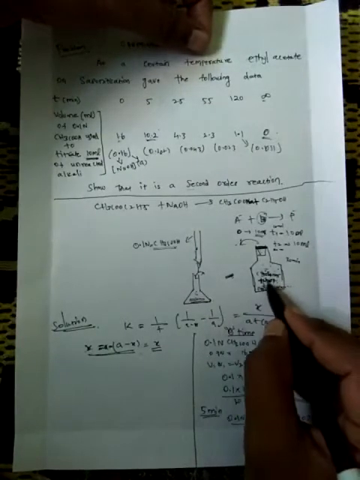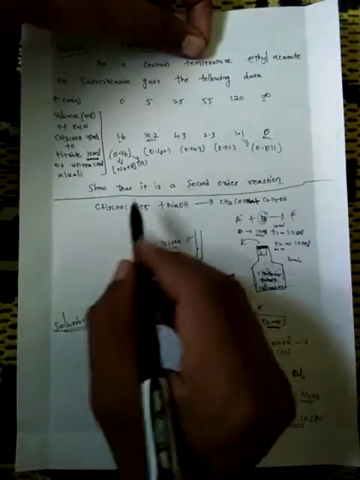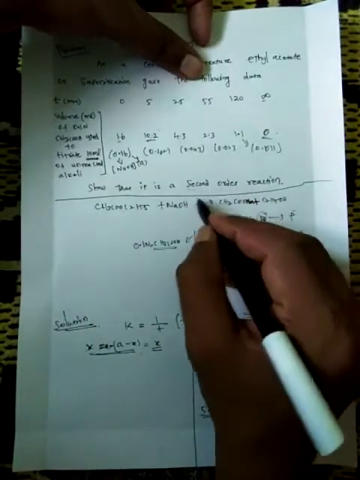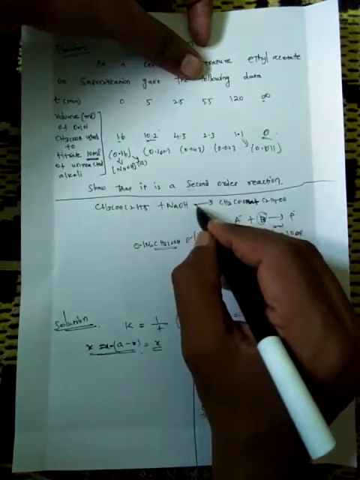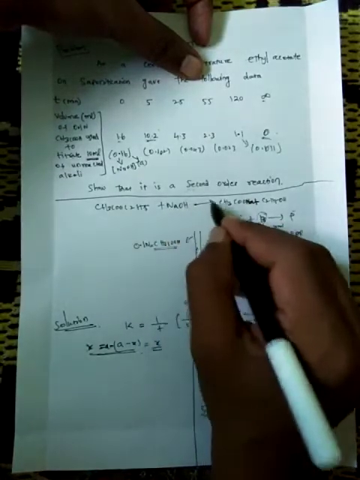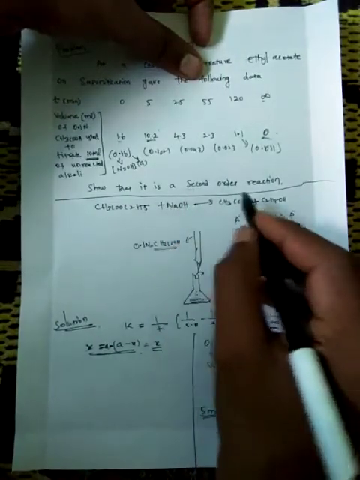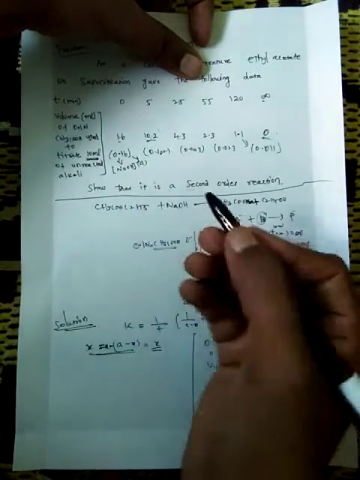As ester is reacting with sodium hydroxide, it is the unreacted sodium hydroxide that we analyze here. This is to study the kinetics of this reaction. I have to monitor either the reactant concentration or the product concentration.